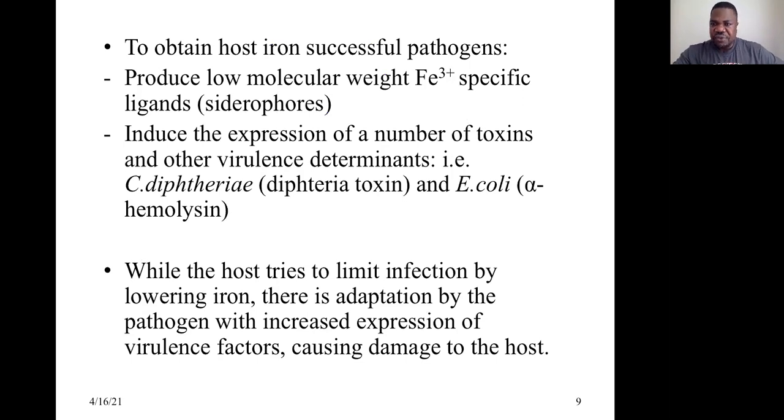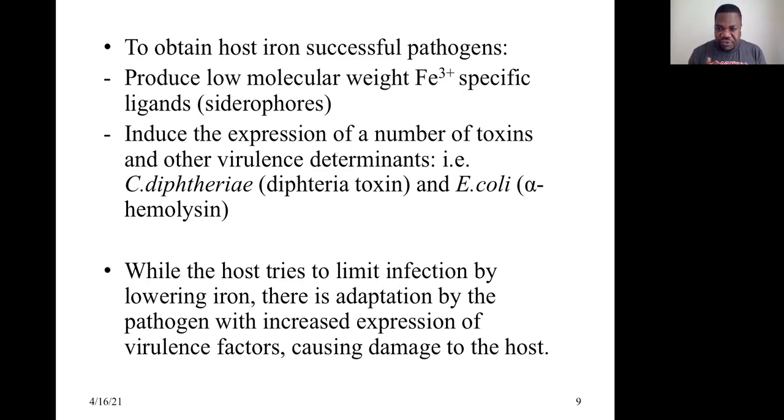nutrient. So then what do microorganisms do? Microorganisms will not give up. They come up with different strategies because they want to get iron from the human host. Some of them will produce what we call siderophores, which help them take iron from the human host.